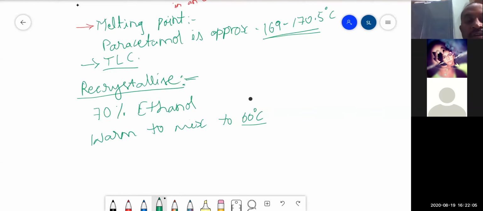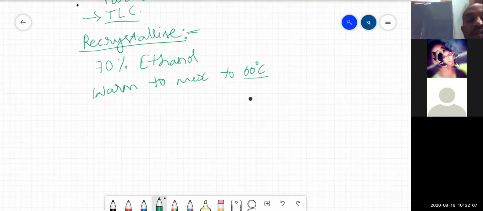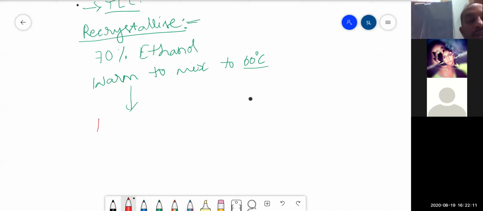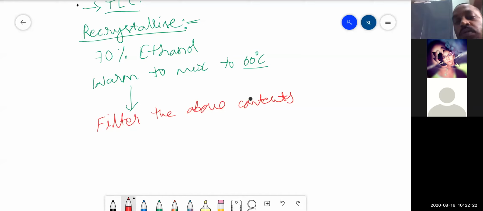Then filter the contents while they are hot. Okay, filter the above contents while they are warm enough.